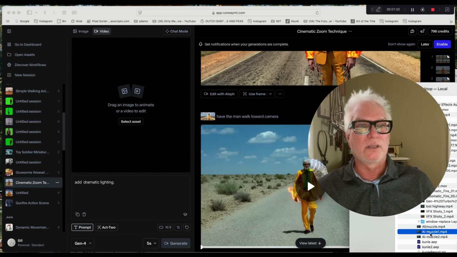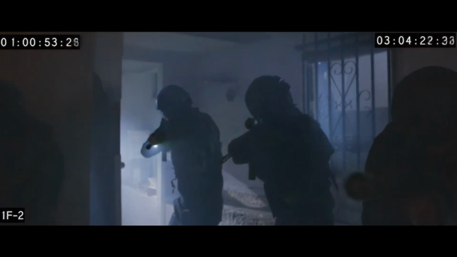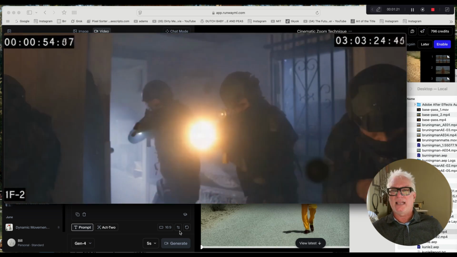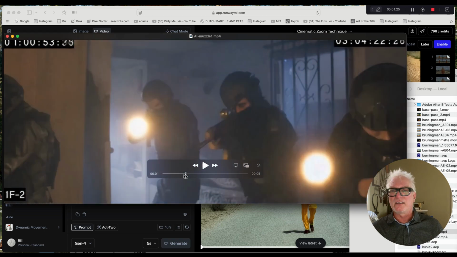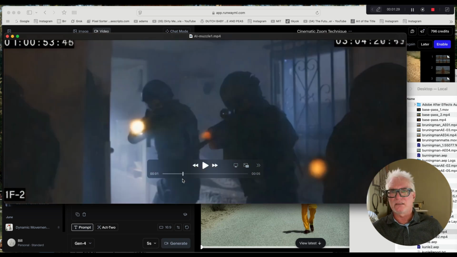or tried to do. Here's the first attempt, and in this one I just imported a still frame, because that's how you do it in Runway in the generation I was using. And here's what it did, and it's doing some cool stuff, but it's also not doing enough because the characters should be moving.